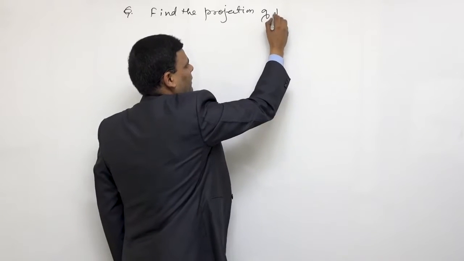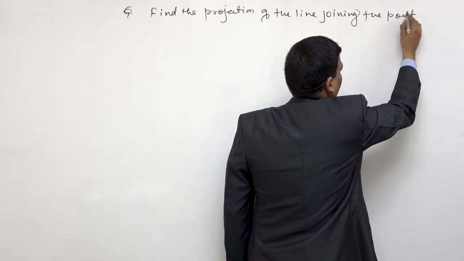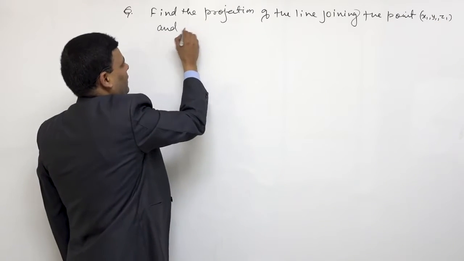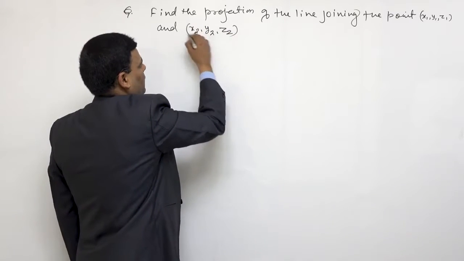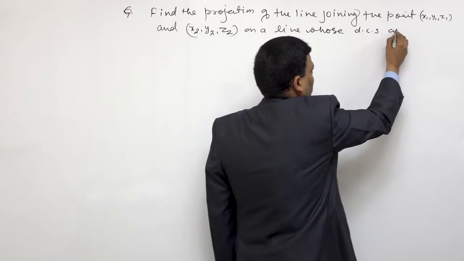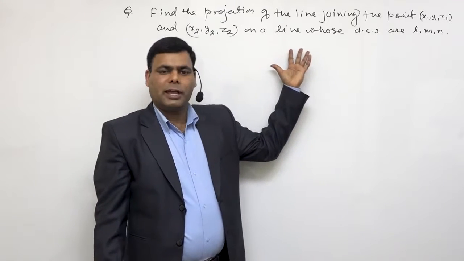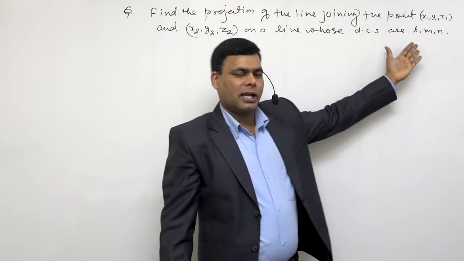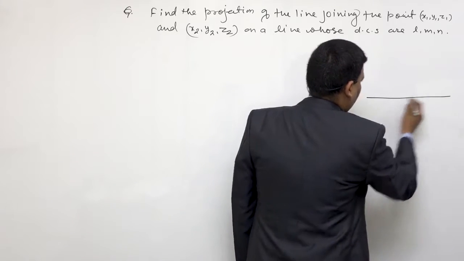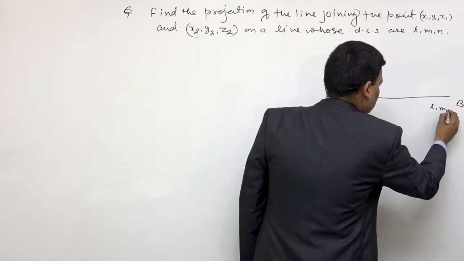Find the projection of the line joining the points x1 y1 z1 and x2 y2 z2 on a line whose direction cosines are L, M, N. अब दुईटा पोइन्ट जोड्ने लाइनको प्रोजेक्सन निकालौं. त्यस्तो लाइनमा जसका डाइरेक्सन कोसाइनहरु LMN गिभन छन्. अब फर दिस यसका लागि consider a line AB whose direction cosines are supposed to be LMN.